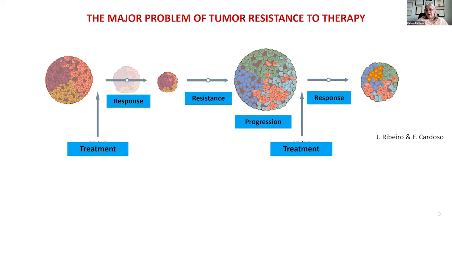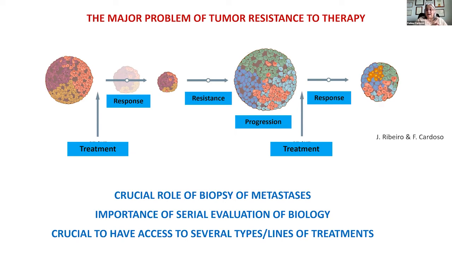And then you go down, emotionally down, but then there is another option, and it will lead to a response again. So that tells us a couple of things. It is very important to biopsy the metastases. Today, I will not talk about that, but I can answer questions if you have. But it is important because the biology will be different according to the evolution, and the treatments that we give will induce differences in the tumor. And it's also very important to have access to multiple lines or multiple types of treatment, because we need to change treatment during the course of the disease.